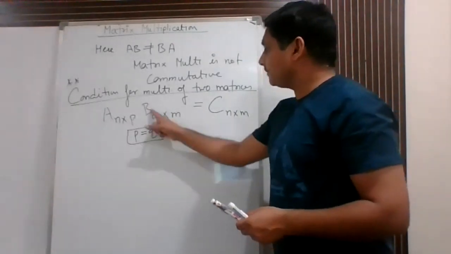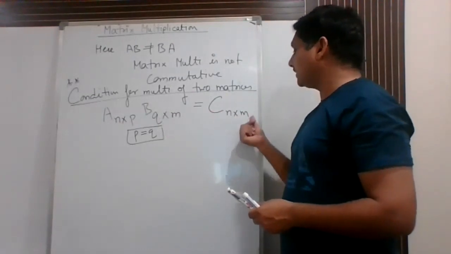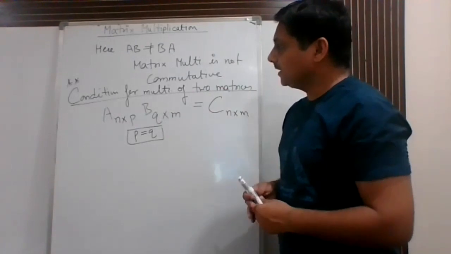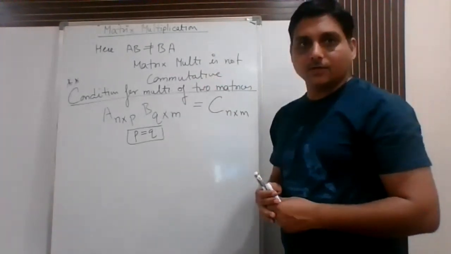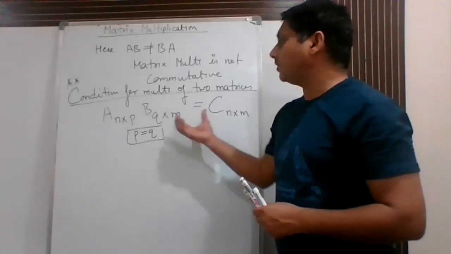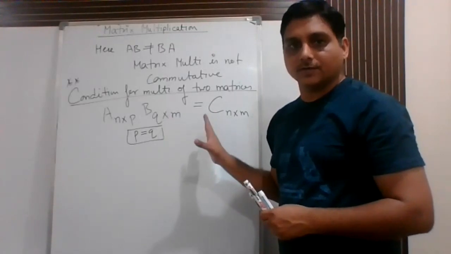Now this P and Q will be eliminated and your output will be of the form n cross m, right? So this is condition for multiplication. Now previous example which I had given you, there everything was of the order 2 cross 2. So there we are not bothering about this condition, but in general you have to see for this condition.